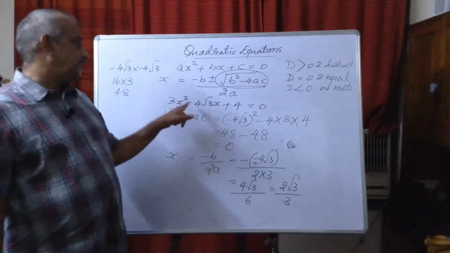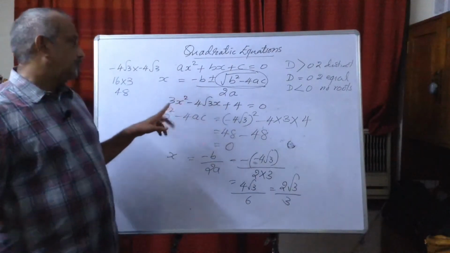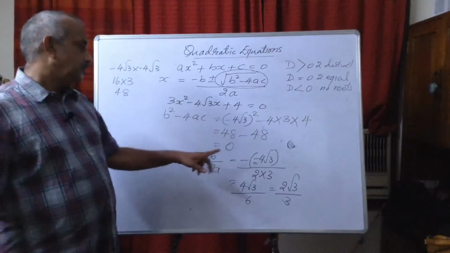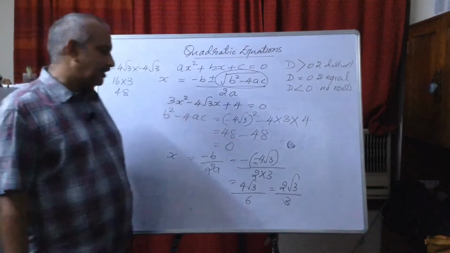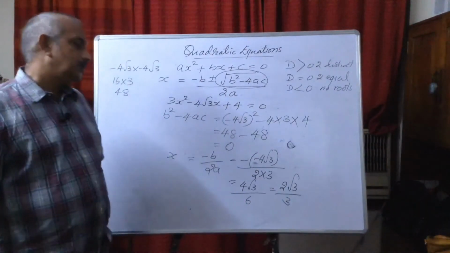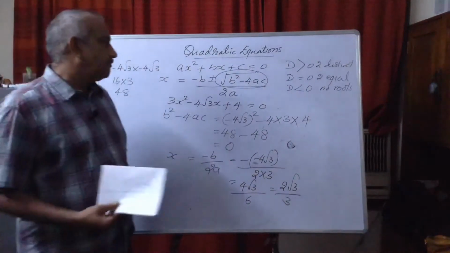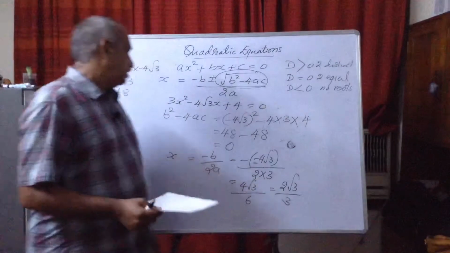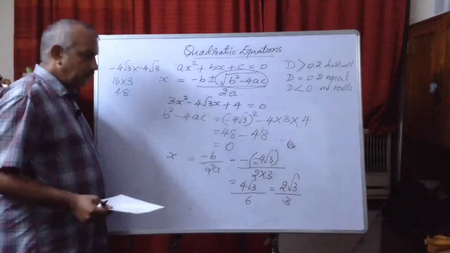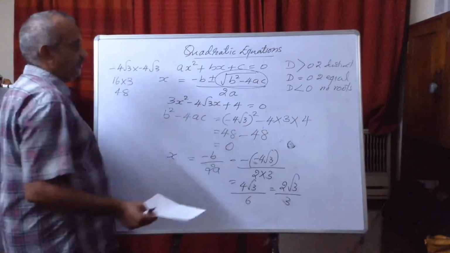Now minus b, minus 4 root 3, upon 2a, 2 into 3. So 4 root 3 upon 6, or if you want you can cancel, 2 root 3 upon 3, we can write. So this is by using the quadratic formula. So both the roots are equal and only one root is there, that is 2 root 3 upon 3. Like this we can find out.